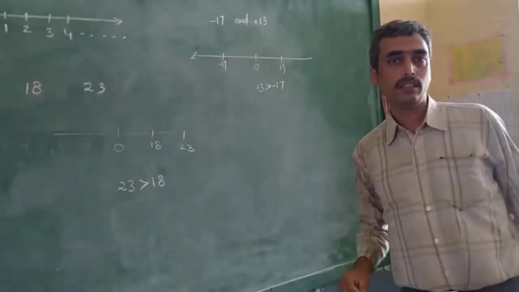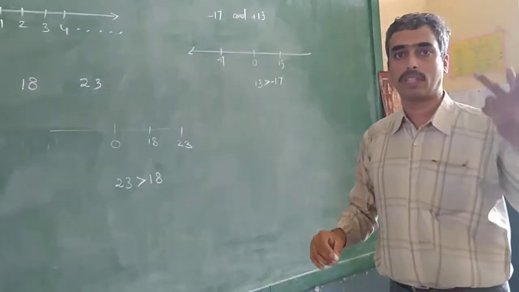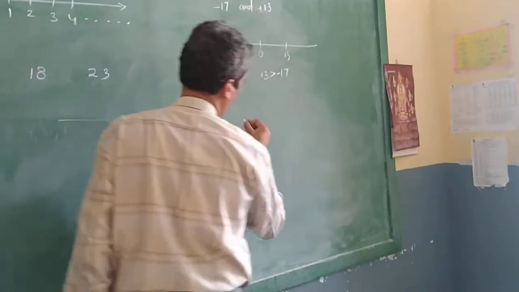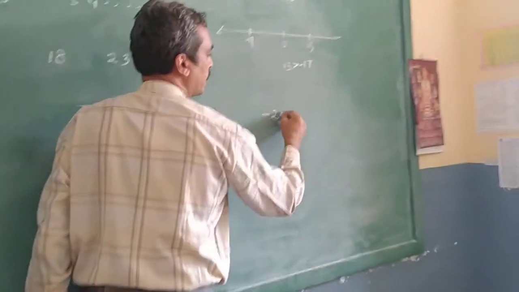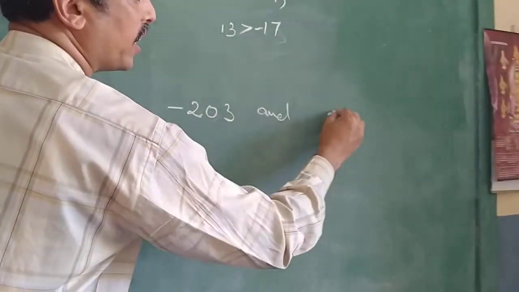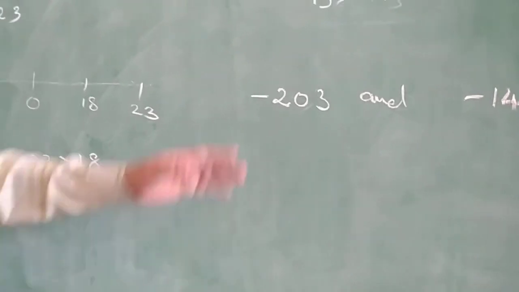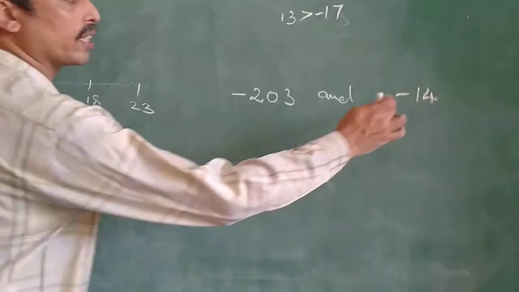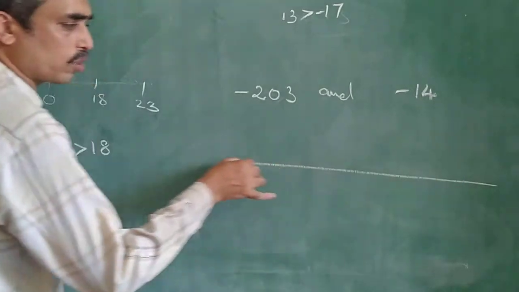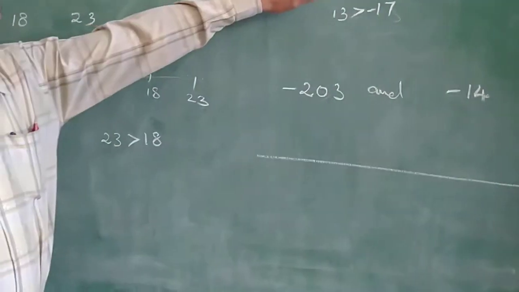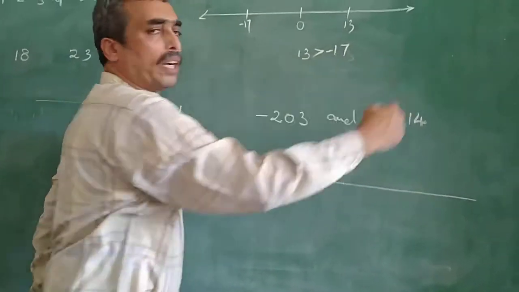If you want to compare two negative numbers, let us take for example -203 and -14. Two negative integers I am taking. How to compare these? Just for your understanding, I am drawing these number lines, but it is not necessary.